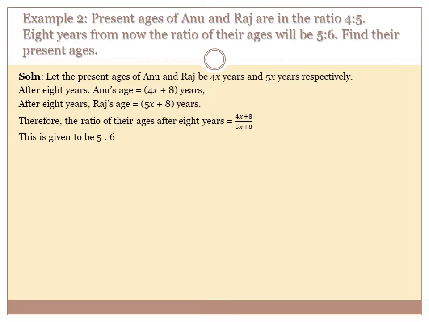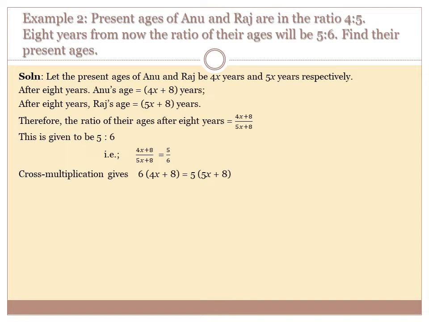Therefore, in that case, we can express the equation as (4x + 8) by (5x + 8) is equal to 5 by 6. Here also LHS and RHS are having single fractions. In such a case, we can cross multiply, which implies 6 into (4x + 8) is equal to 5 into (5x + 8).